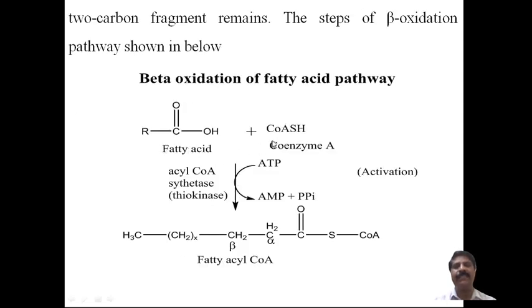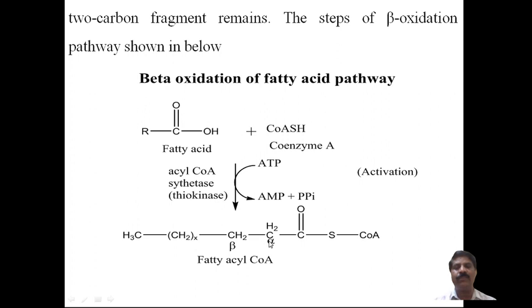The fatty acid reacts with thiol coenzyme A and is converted into fatty acyl coenzyme A by acyl coenzyme A synthetase, also called thiokinase, using an ATP molecule that is converted into AMP plus pyrophosphate. This is the activation process, and it gives fatty acyl coenzyme A.